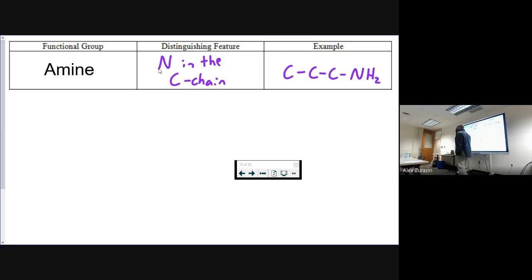Oftentimes, the nitrogen groups include their hydrogens like this, or they get written out next to it, as NH2, NH3, whatever it might be. This would be called propylamine. Again, don't worry about the name too much right now, but a nitrogen anywhere in your carbon chain is called an amine.